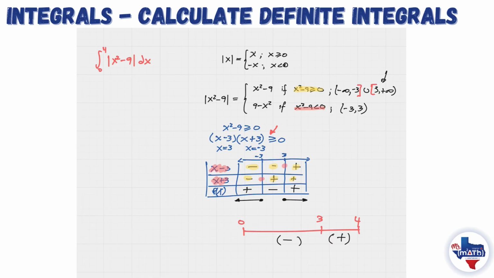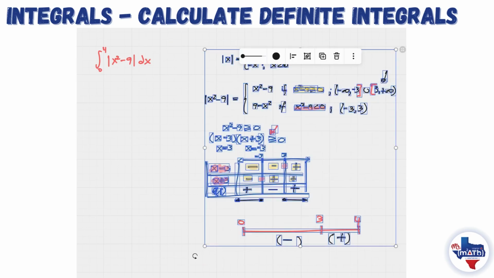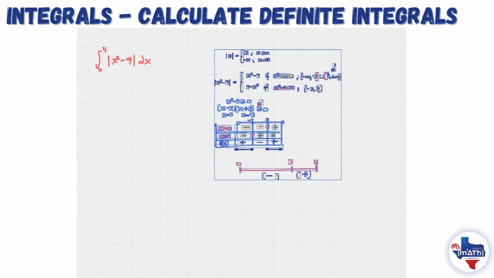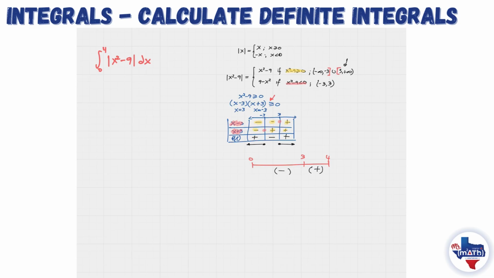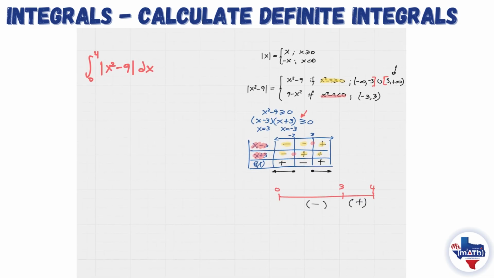Let's shrink this for a second so we have more space. Okay, so if we reshape our integral, this will say something like the integral from 0 to 3 of the negative behavior, 9 minus x squared dx, plus the integral from 3 to 4 of the positive behavior, x squared minus 9 dx.